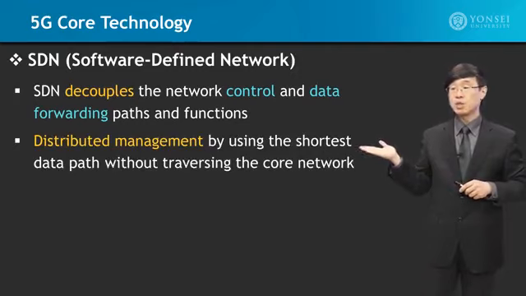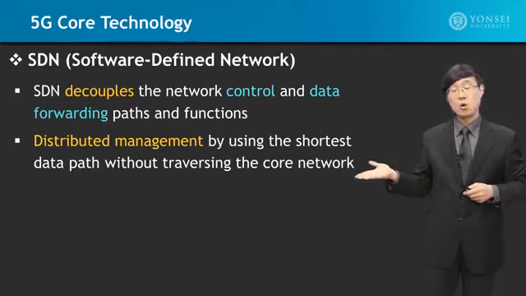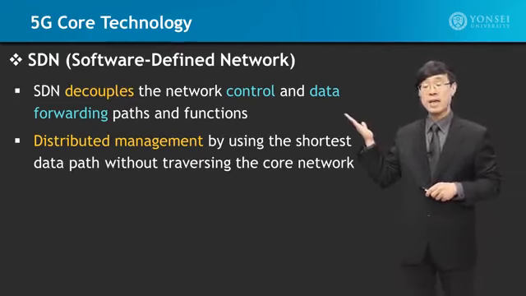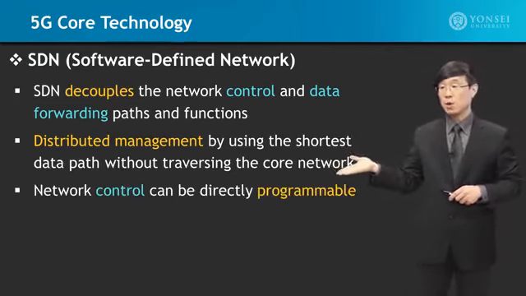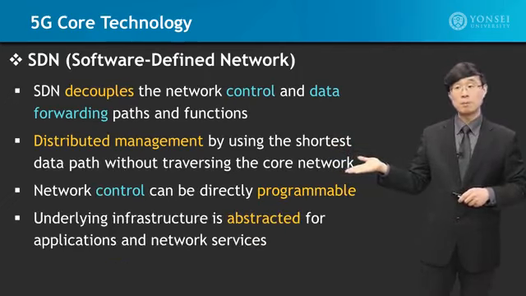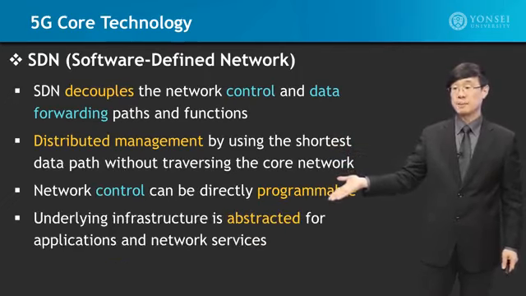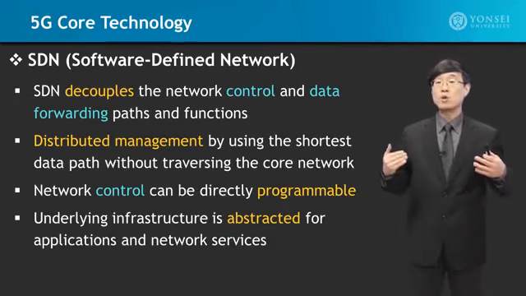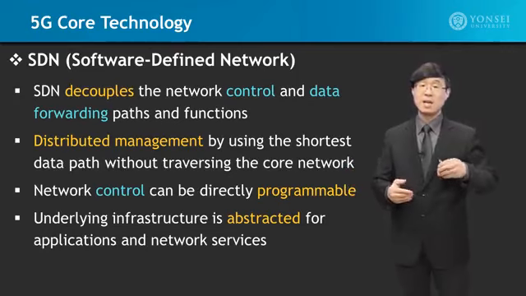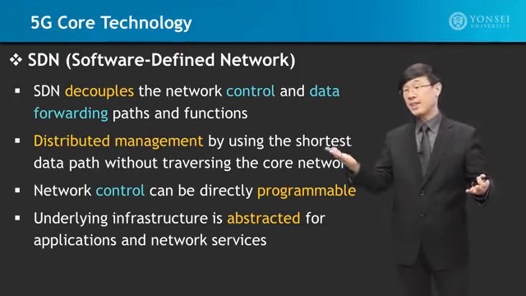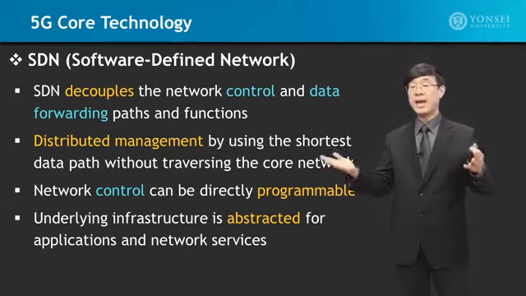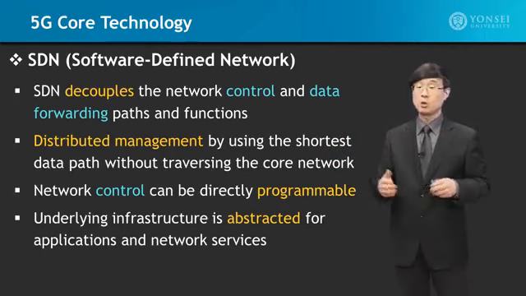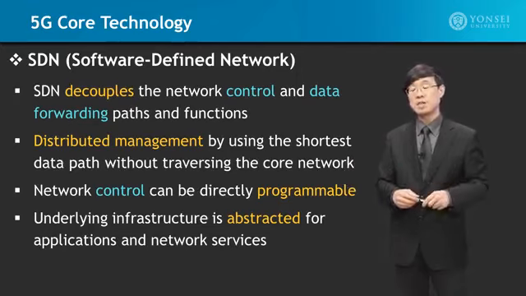That is why distributed management by using the shortest data path without traversing the core network is now possible using SDN technology. The network control can be directly programmable, and the underlying infrastructure is abstracted for applications and network services. This is where you get much flexibility, having the control flow and the data flow controlled and accessed independently. So you have so many more options to optimize the overall way you control your network and then how you send data.